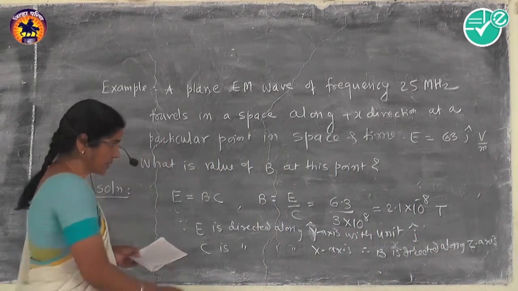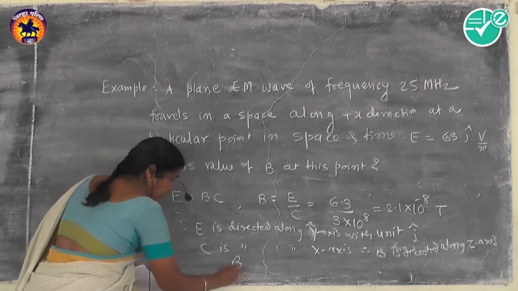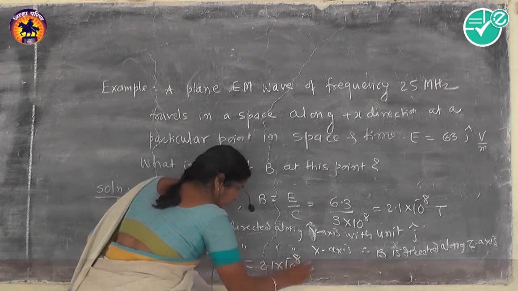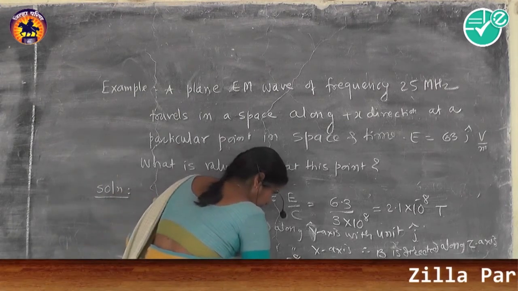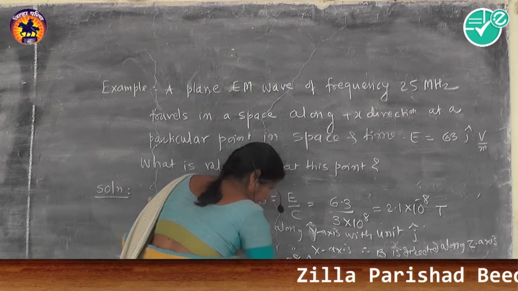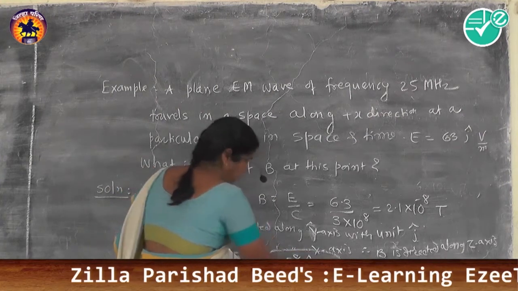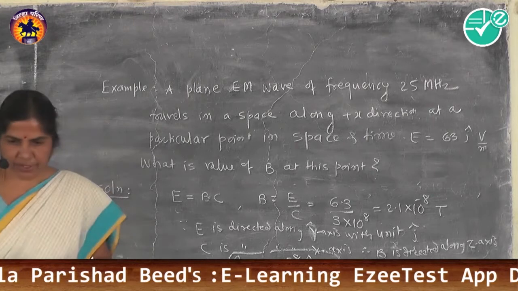So B is given as 2.1 into 10 to the power minus 8 unit vector k Tesla. This is the expression for the magnetic field at that point.